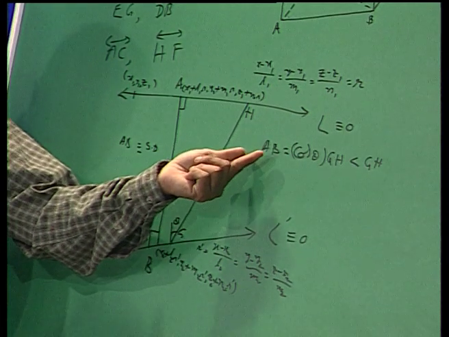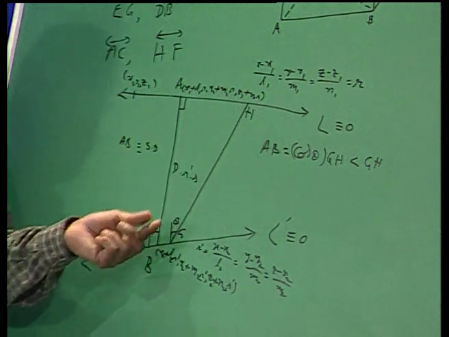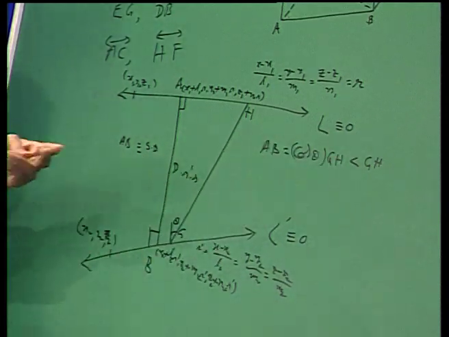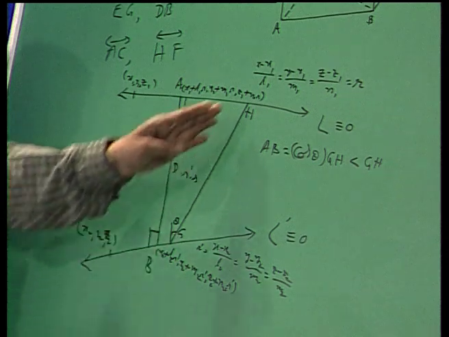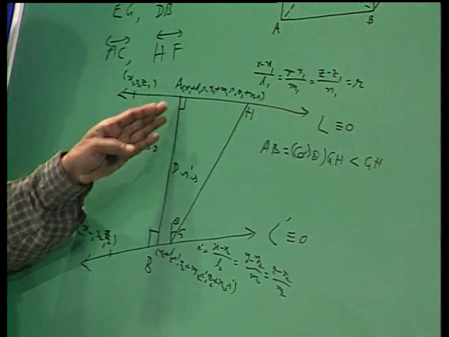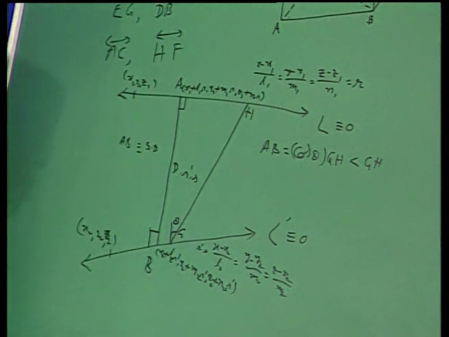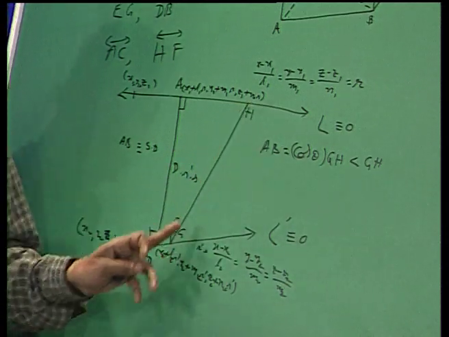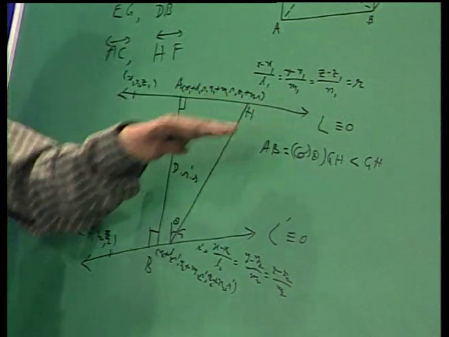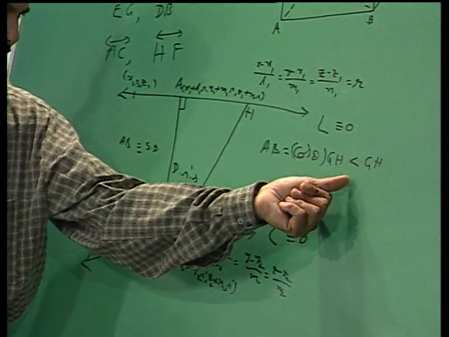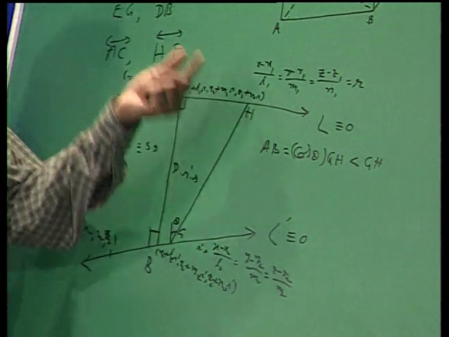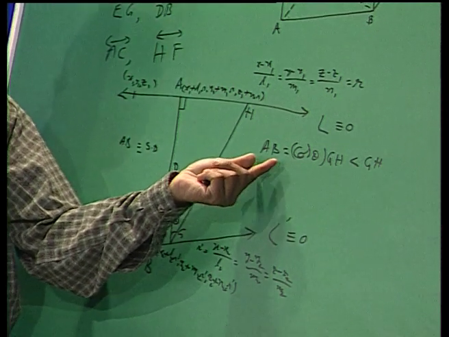Therefore, this line segment AB is having the shortest distance, because AB is strictly less than GH, and GH is any other pair of points from these two lines, and AB is the pair of points which form the shortest distance. So, if we call the length of this line segment GH to be a distance between these two points, then this distance is strictly greater than this shortest distance. That is how this shortest adjective is meaningful.